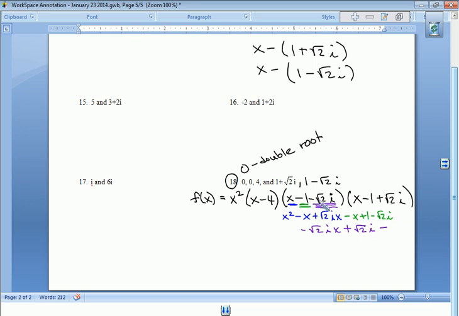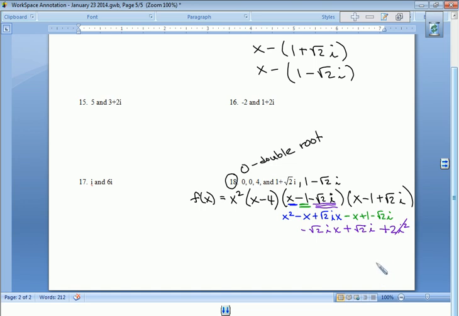What's the square root of 2 times the square root of 2? 2. Negative 2. And what is i times i? i squared. But the i squared has a value of negative 1, so it makes it a positive 2, but it's a negative 2i that you're multiplying. Right, that's why I had the negative to start with. And then the i squared turned that negative into a positive. I see.